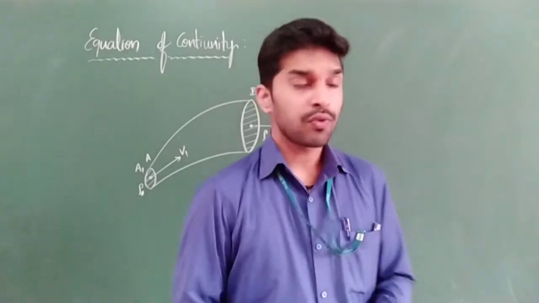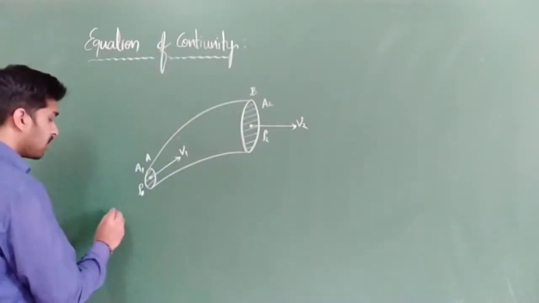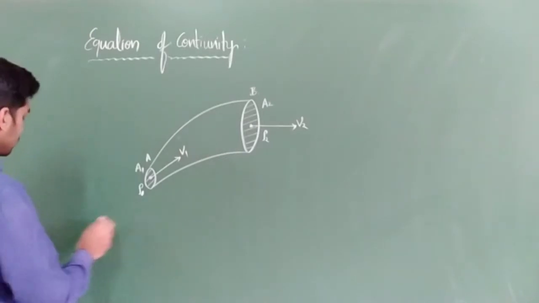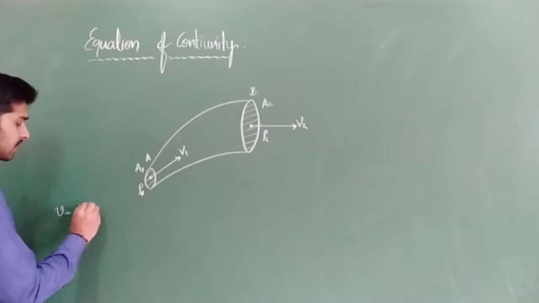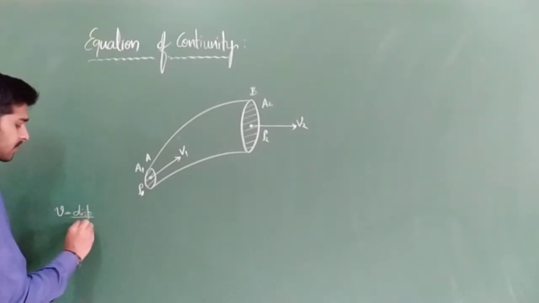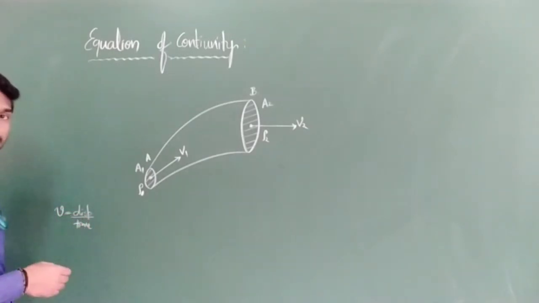For that we know that velocity, from our kinematics, is nothing but displacement by time. Correct? In a straight line we consider displacement equal to distance.